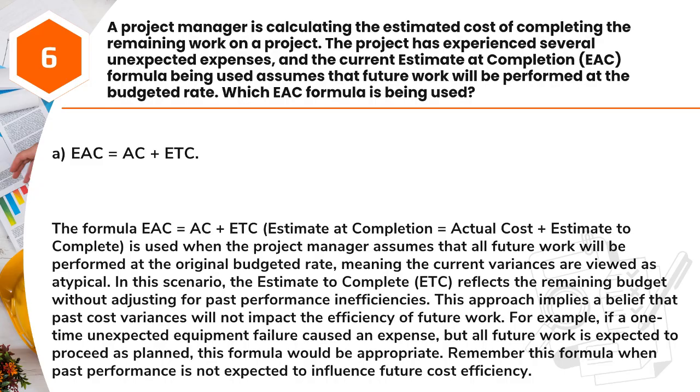This approach implies a belief that past cost variances will not impact the efficiency of future work. For example, if a one-time unexpected equipment failure caused an expense, but all future work is expected to proceed as planned, this formula would be appropriate. Remember this formula when past performance is not expected to influence future cost efficiency.